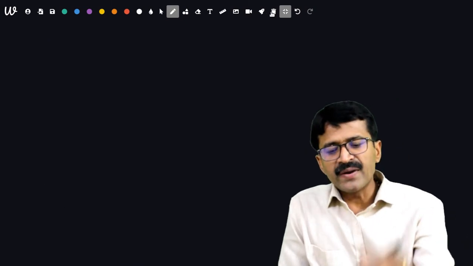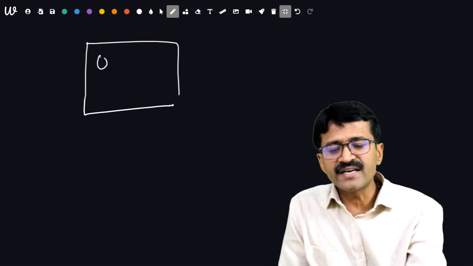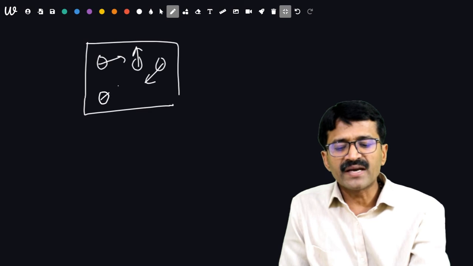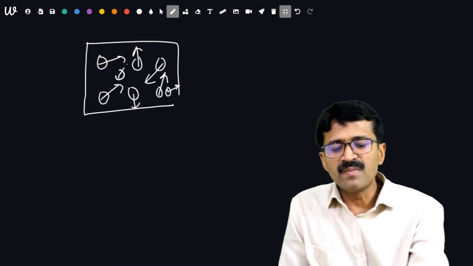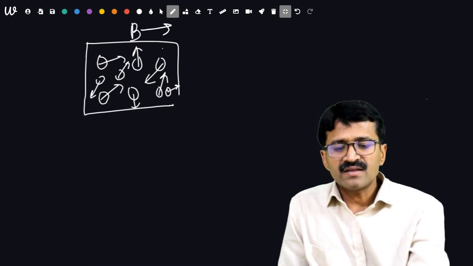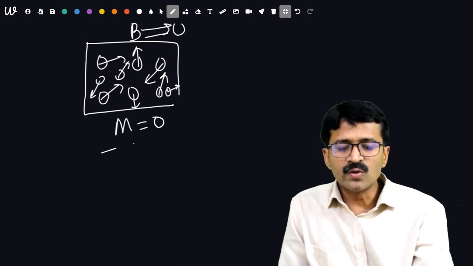Because of unpaired electrons, each atom will behave like an atomic magnet, and in the absence of an external magnetic field, these atomic magnets are randomly oriented, so the net magnetic moment will be 0. This is B is equal to 0, then M is equal to 0.